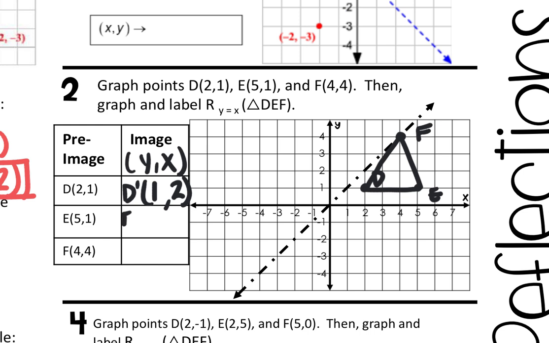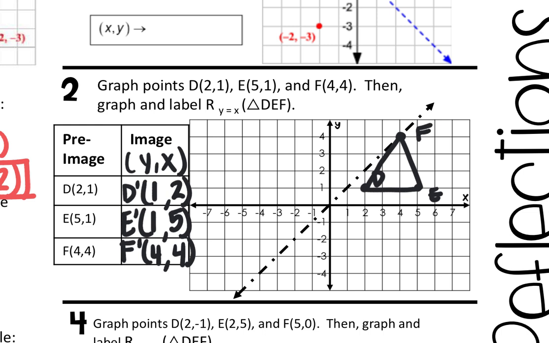All right, E prime, 1 is going to go first and then 5. Again, swap the positions. F prime. This one doesn't really seem like we did anything. We have to swap the 4 and the 4, but it's the same number. It's not going to seem like we did anything, but that's okay.